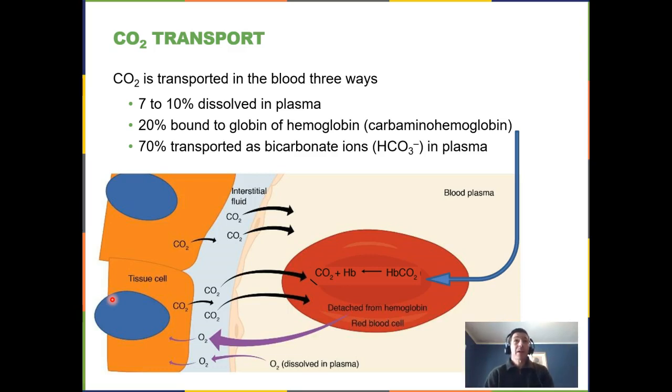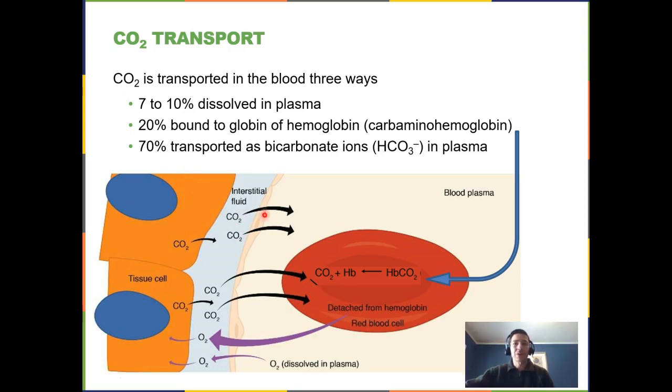So now we are talking about CO2 transport. The first thing you want to know is to just commit these numbers to memory. So 7 to 10% of your CO2 dissolves in the plasma. So that's this CO2 here.